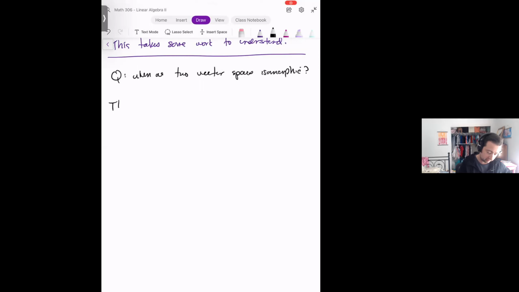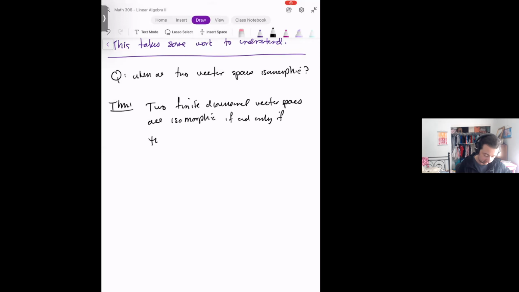And so this is the theorem: two finite dimensional vector spaces are isomorphic if and only if they have the same dimension.